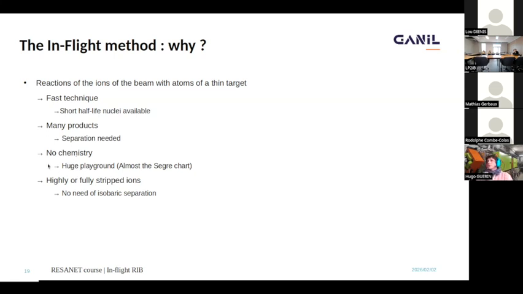And you have no chemistry as for the ISOL method, which means you have a huge playground, almost the Segrè chart, which is not true, but you have really a large panel of nuclei available. And you have highly or fully stripped ions from fragmentation, so you don't need isobaric separation.